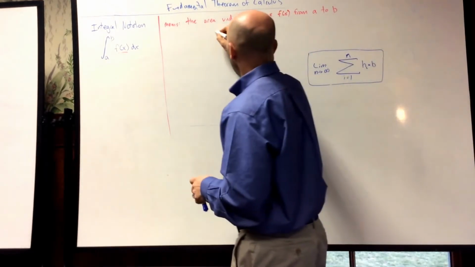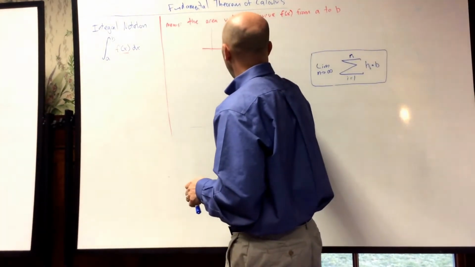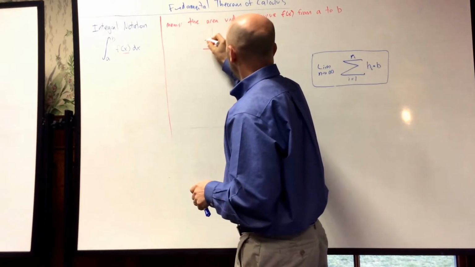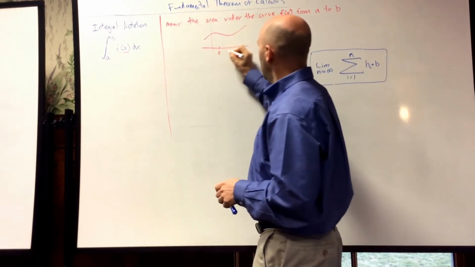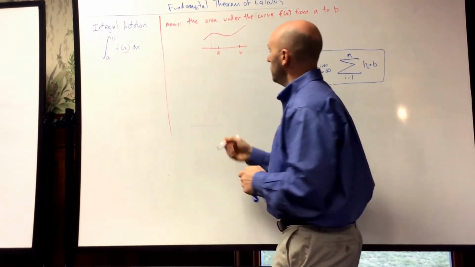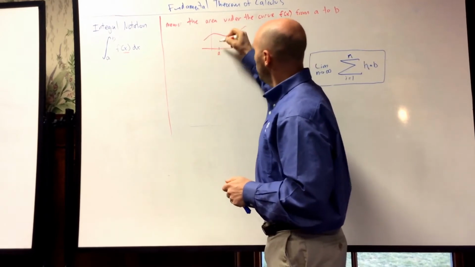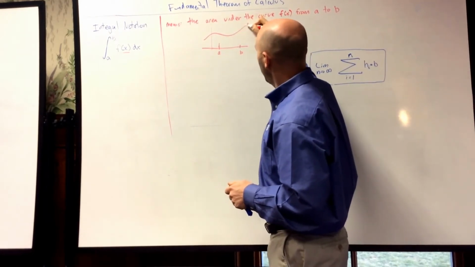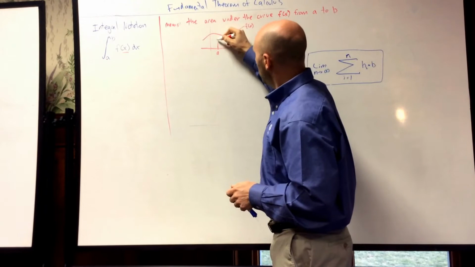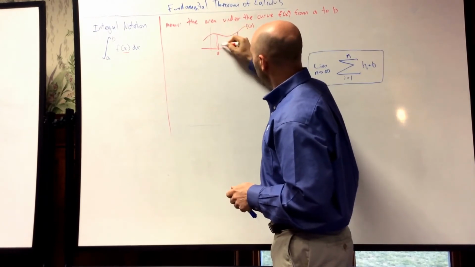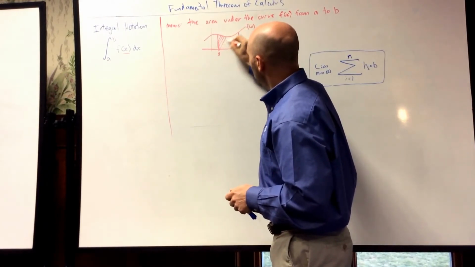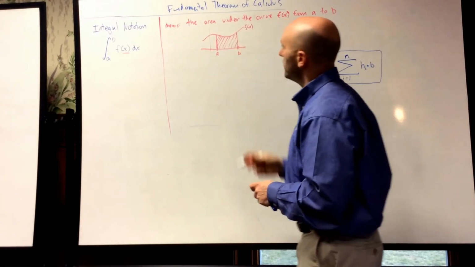If you want to draw a picture, I encourage that. Here's a random curve. There's A, there's B. And the integral of f of x is the area from A to B, which you can symbolize by shading it.